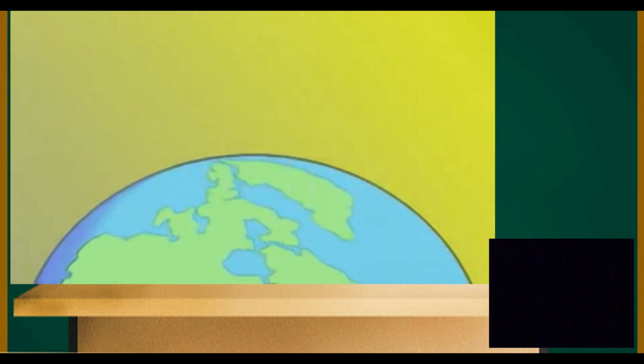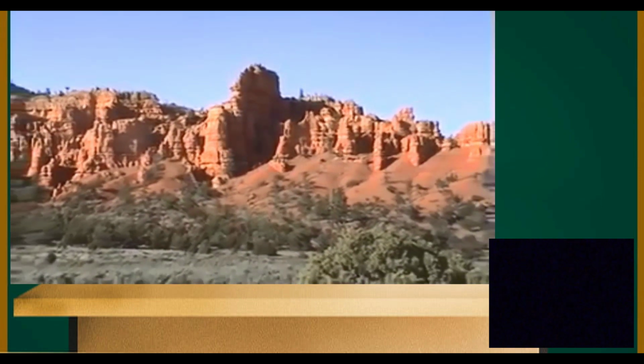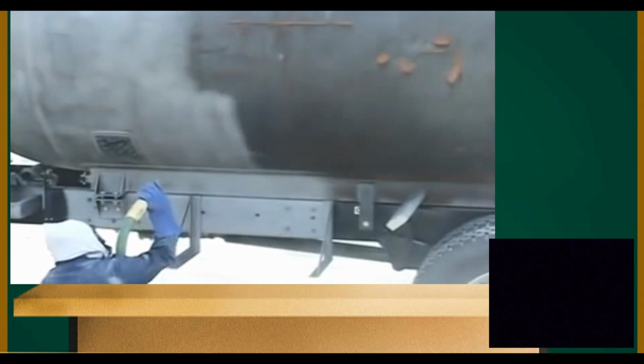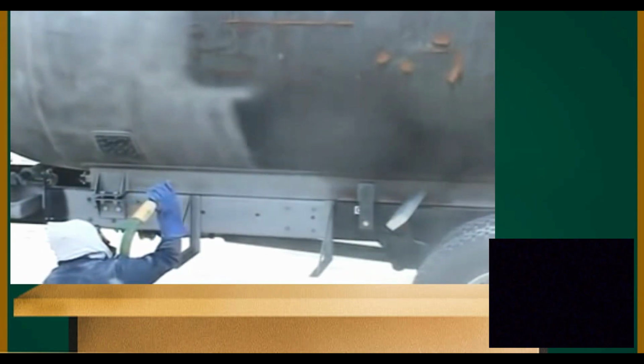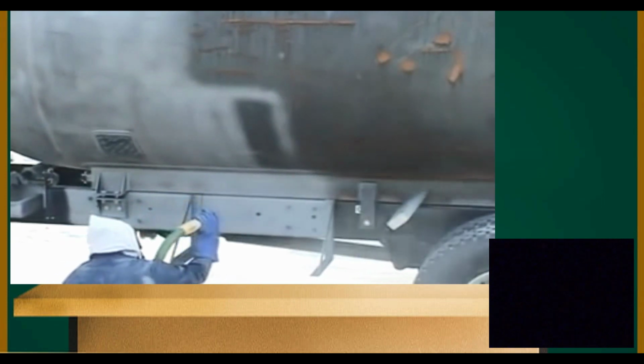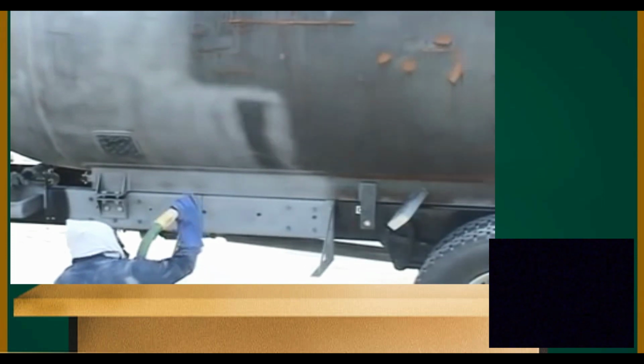wind. This landform in Utah may have been smooth at one time. Desert winds carrying sand have weathered this surface. These workmen are getting ready to paint this truck. They're using this machine that blows air and sand to blast away the old paint. It's called a sandblaster.